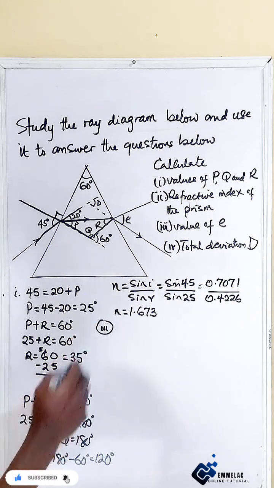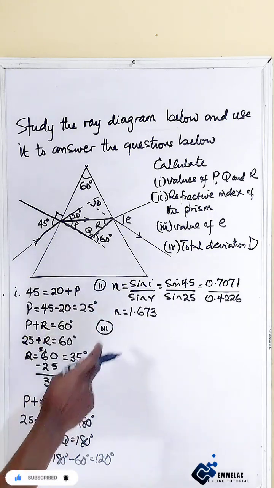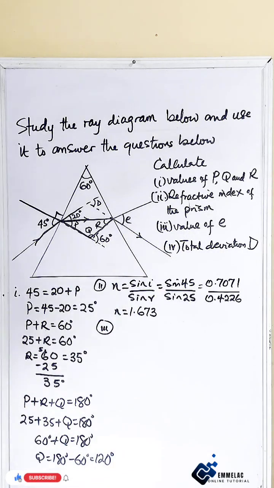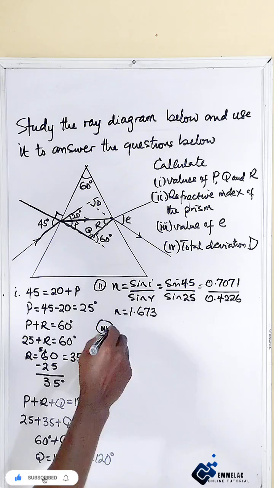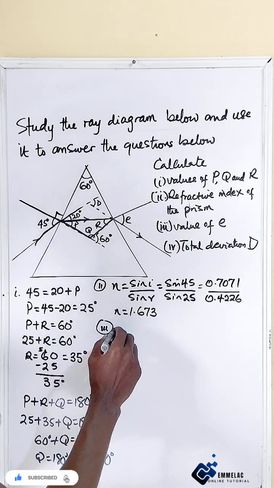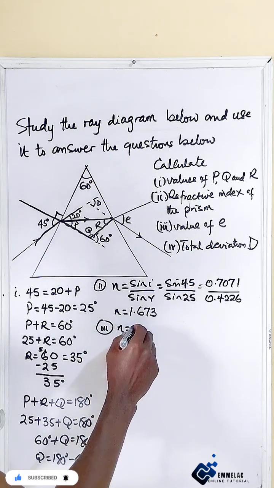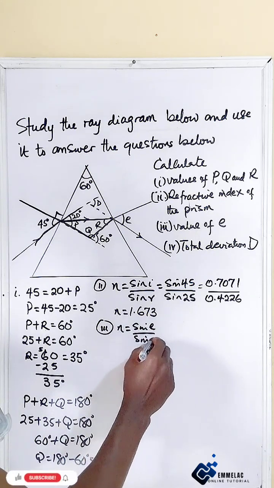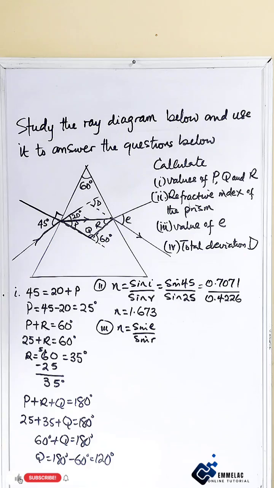So the next one is number 3, and this is number 2. Now for the next one, we are asked to find the value of the emergent angle. Take note that N will be equal to sine E over sine R, where E is actually the emergent angle.